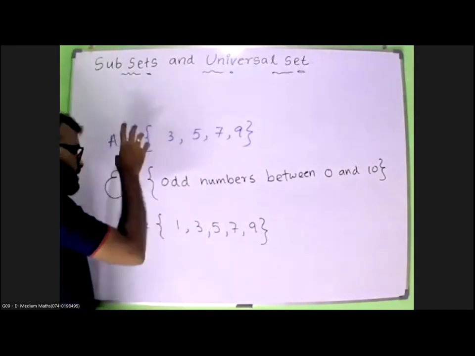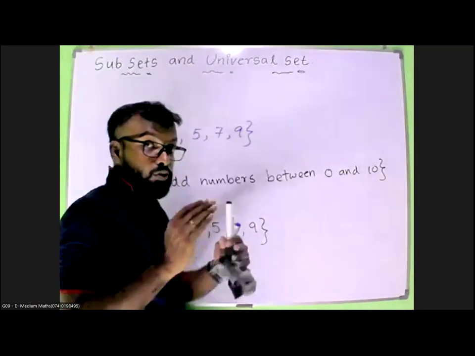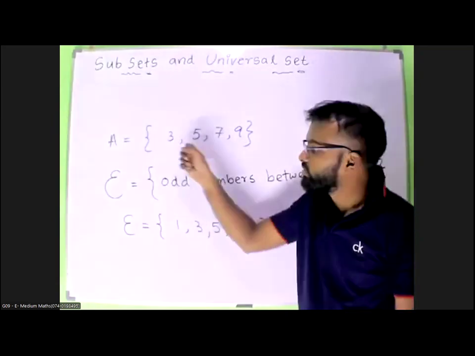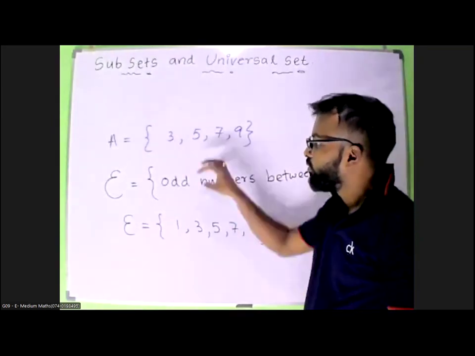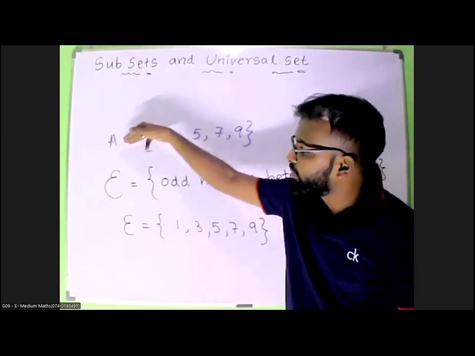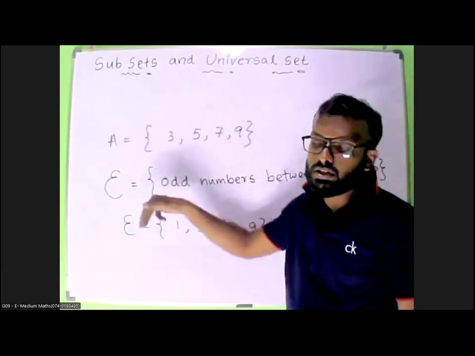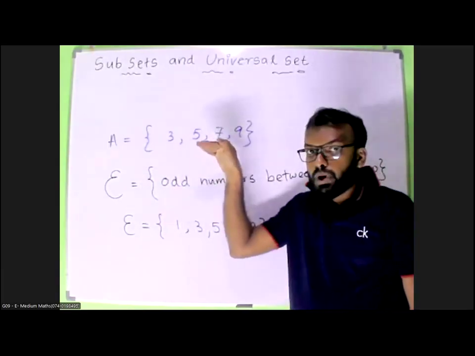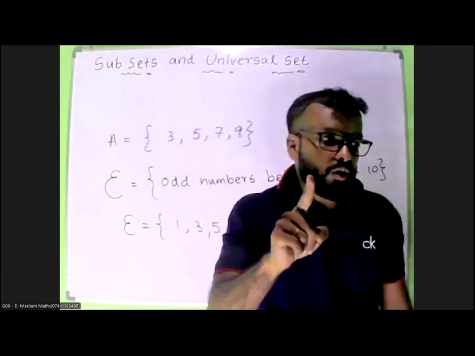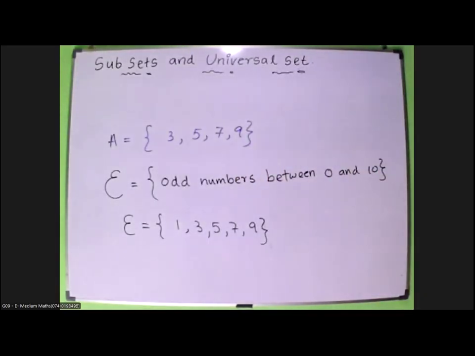So A is a subset of this universal set. The universal set should be bigger than this one, because we are taking element by element from the universal set. Okay. By considering this, you have to provide the answer for the second example. So I will share the screen. You have to fill it.